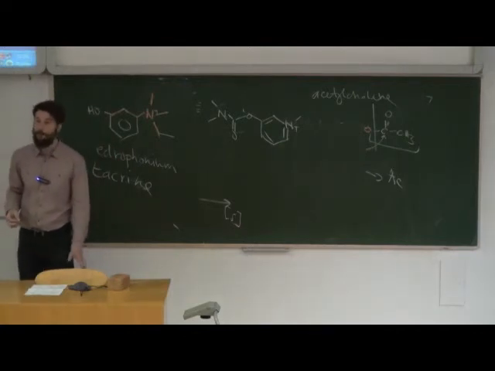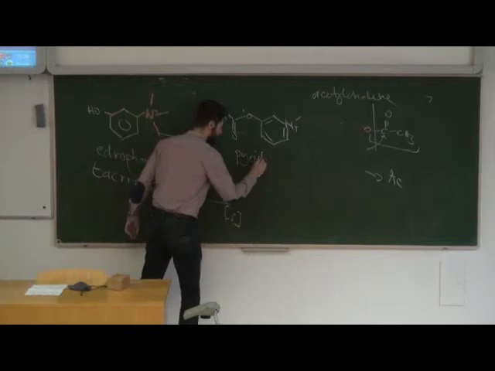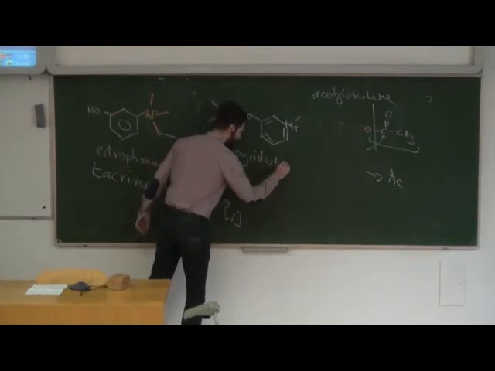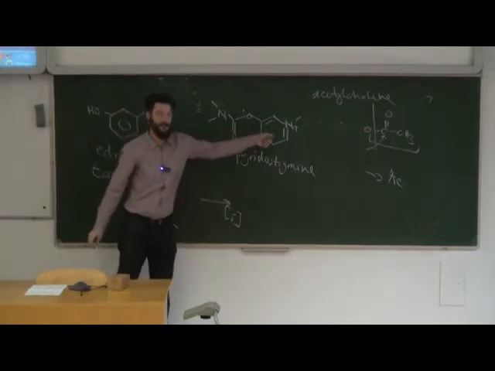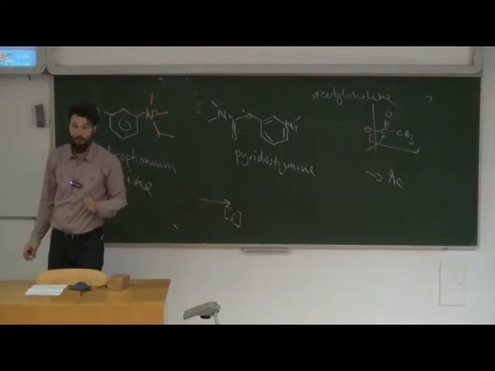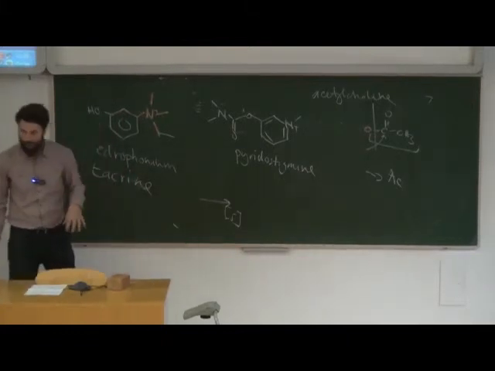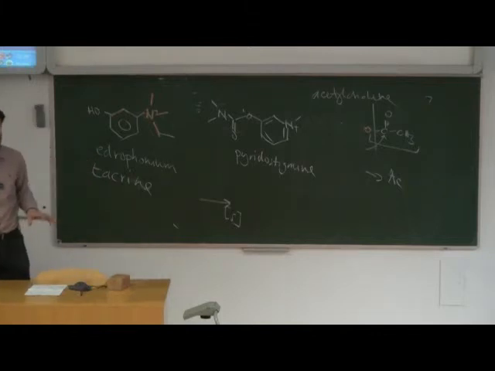This drug is called pyridostigmine. Pyridostigmine comes from pyridine. This is a pyridine ring. Okay, pyridostigmine. And it's also an inhibitor of acetylcholinesterase. Now, do we see the similarity with acetylcholine there? This is actually way more similar than edrophonium.